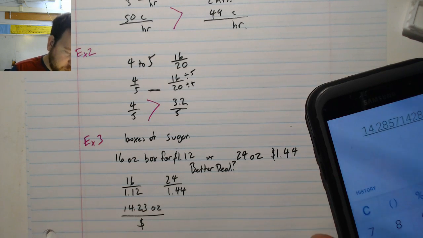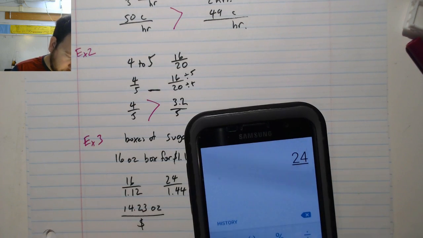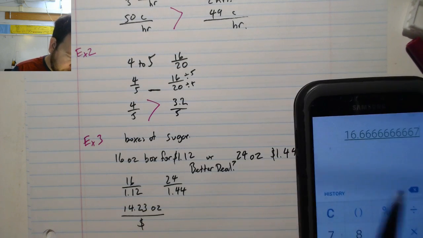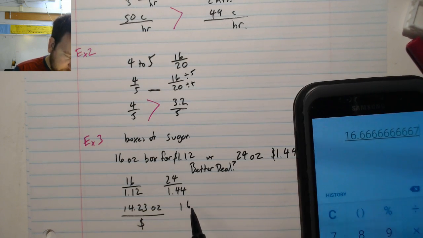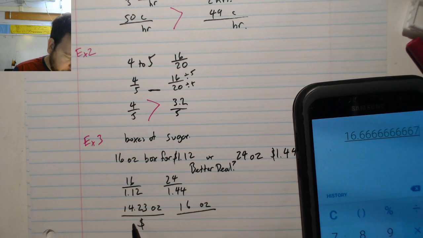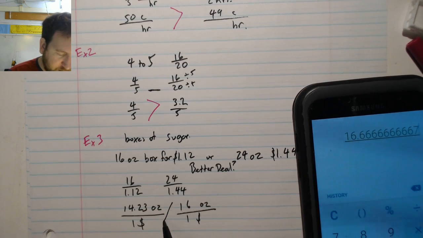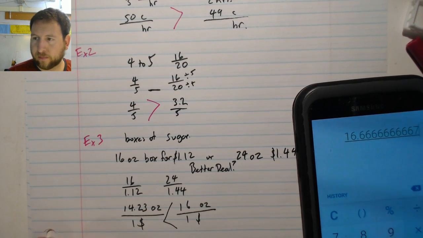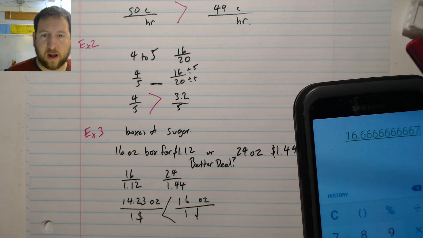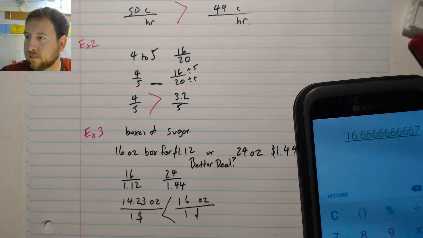Over here I can do 24 divided by 1.44, and that's going to give me 16 ounces for every $1. And I can see that if I have $1, this is going to give me more ounces. So this is going to be the better deal. And it's going to be much better for me to buy. I hope that makes sense. And good luck.